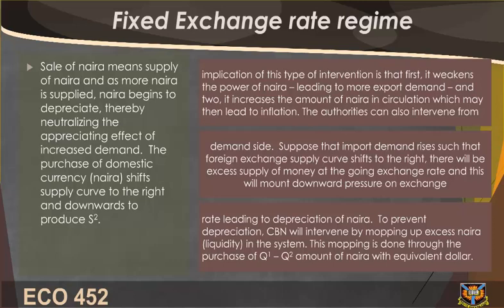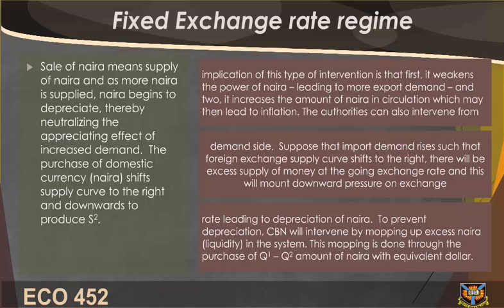The sale of domestic currency, naira, shifts the supply curve to the right and downwards to produce S2. Implication of this type of intervention is, first, it weakens the power of naira, leading to more export demand, and second, it increases the amount of naira in circulation, which may then lead to inflation.